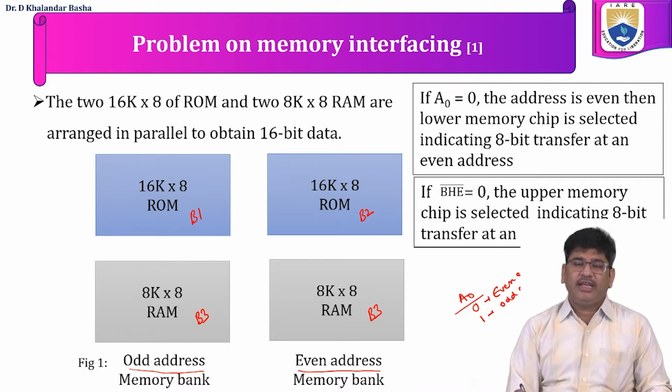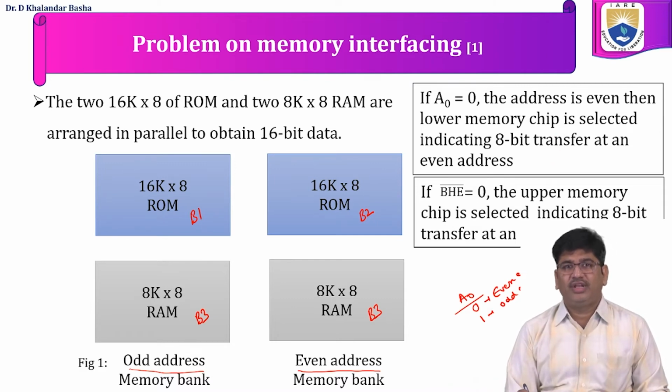Next, whether the data consists of the upper 8 bits or not will be decided by the signal BHE bar, bus high enable, which is an active low signal.